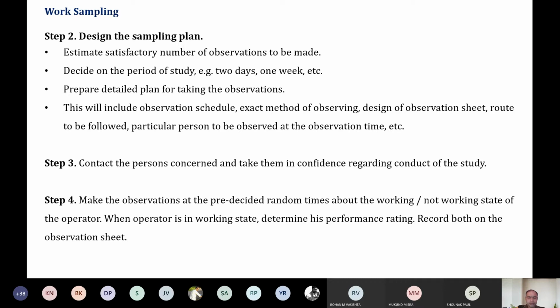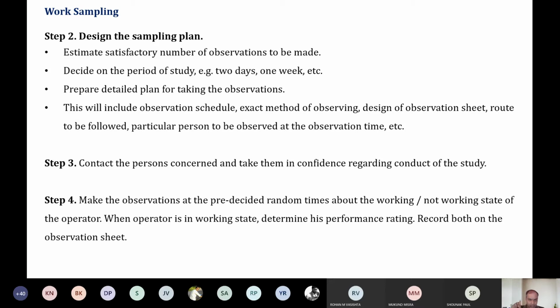So let's say we are going to observe an employee when he is working and the time when he is not working. For the working time, the time which is effectively spent inside the company, you are going to give him some performance rating. You should remember the time study, method study formulas, where you give this performance rating depending upon the work he is doing.